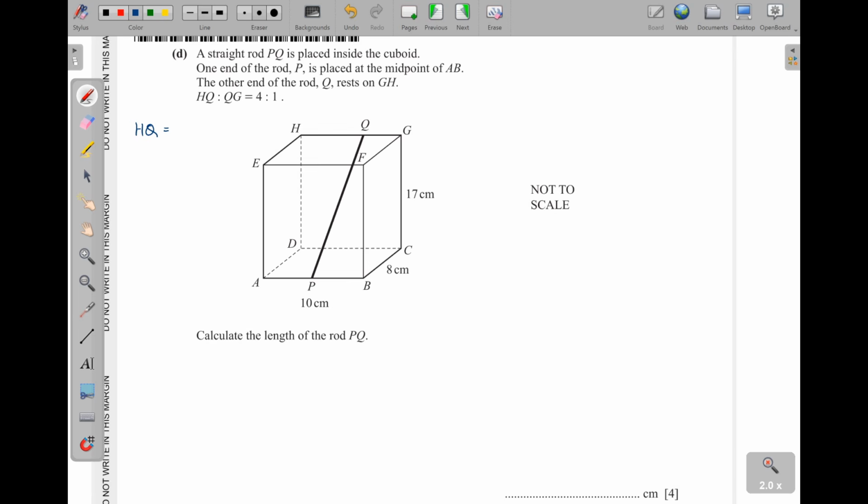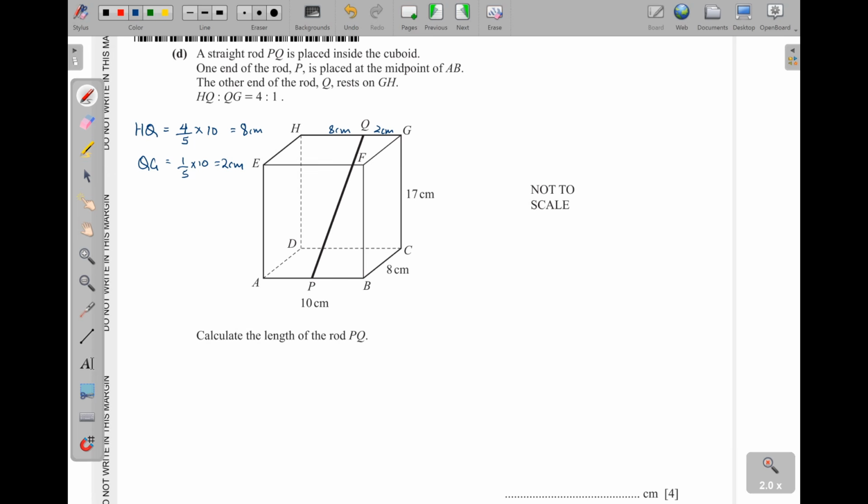This one is going to be 4 out of the total, which is 5, then times what is HG. HG here is the same as AB, so times 10, this one will give us 8 centimeters. And of course, QG has to be 2 centimeters. If you get 1 over 5, then times 10, you get 2 centimeters.